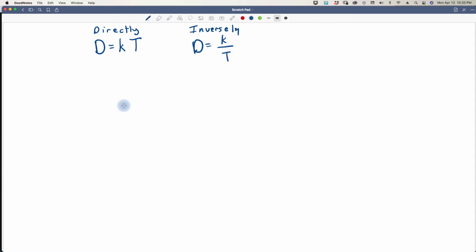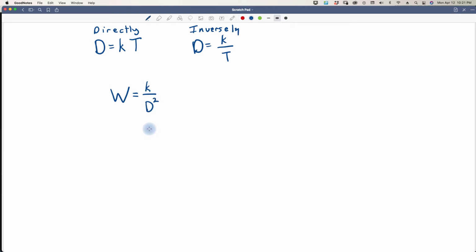The weight of a body varies inversely, so that's going to be the division, with the square of the distance to the center of the earth. So we just take distance and square it.